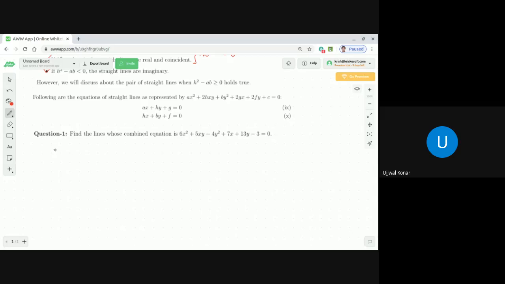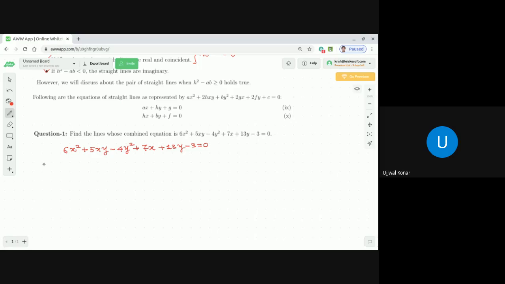The way we need to proceed, dear students, is we write the equation 6x square plus 5xy minus 4y square plus 7x plus 13y minus 3 is equal to 0. Now we are going to rearrange this equation to express it as a quadratic equation in x.